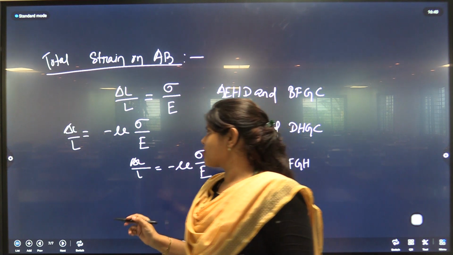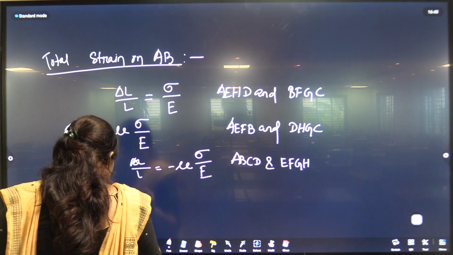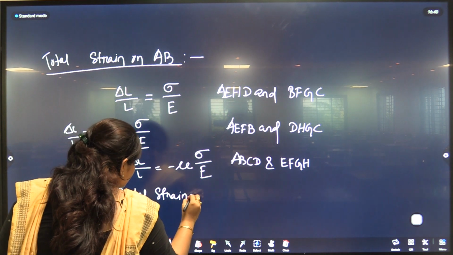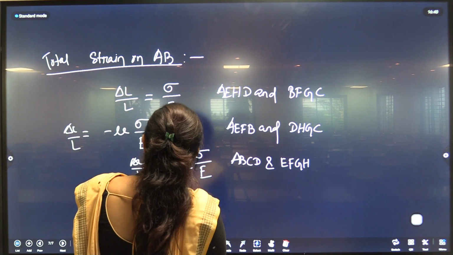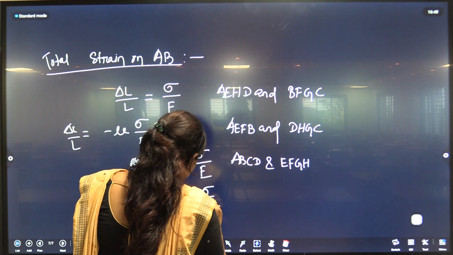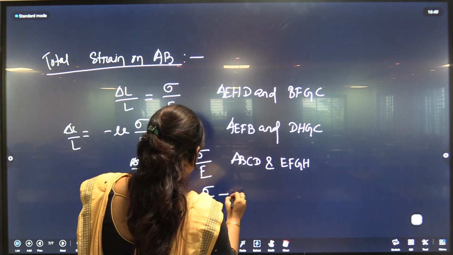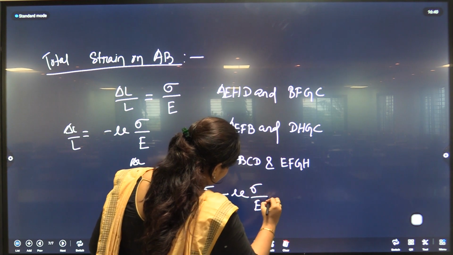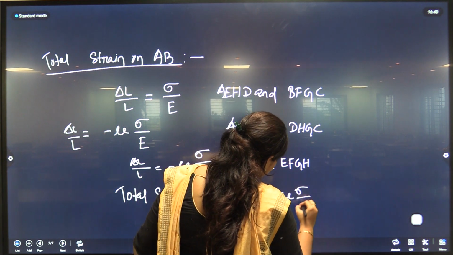So, total strain equals sigma by E minus mu sigma by E minus mu sigma by E.